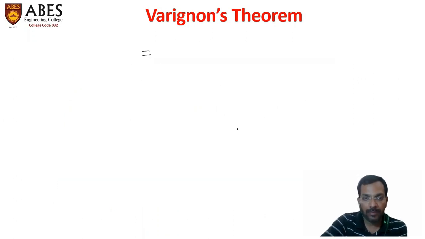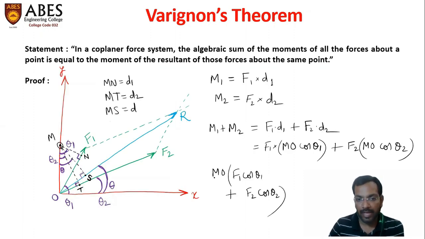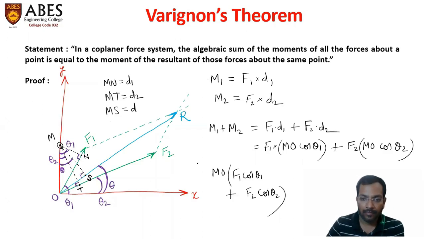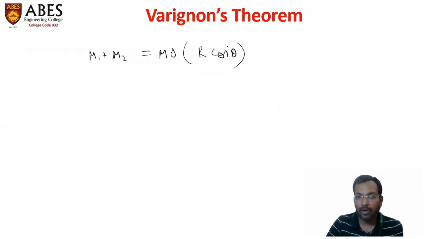This becomes M1 plus M2 is equal to MO into R cos theta. The summation of the horizontal components of these forces becomes the horizontal component of their resultant.